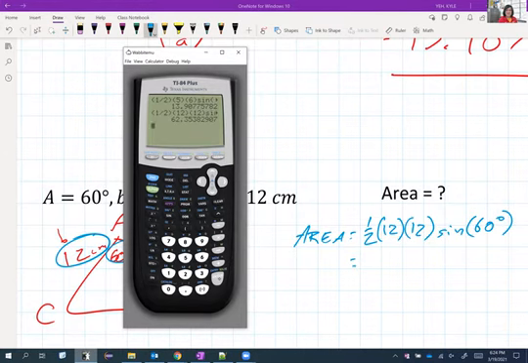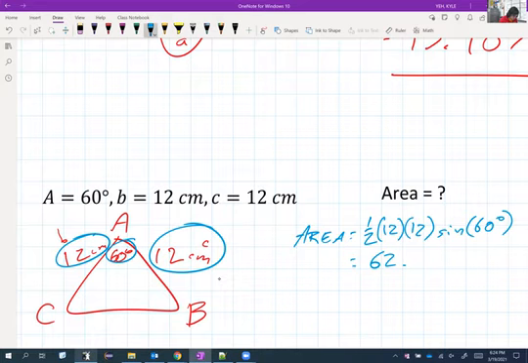And 62 for my area. 62. Okay. Does that seem like a reasonable answer? I'm going to write it down. 62.3538. So again, what would not be a reasonable answer?